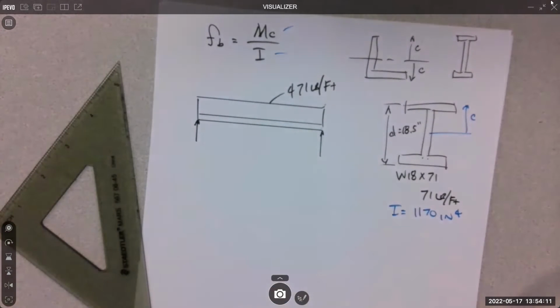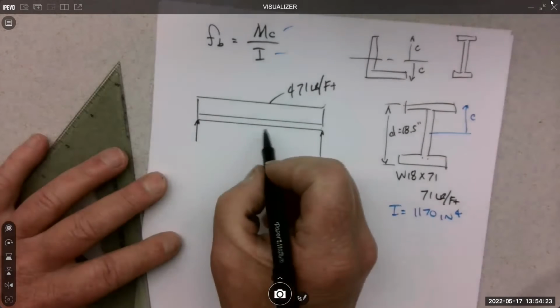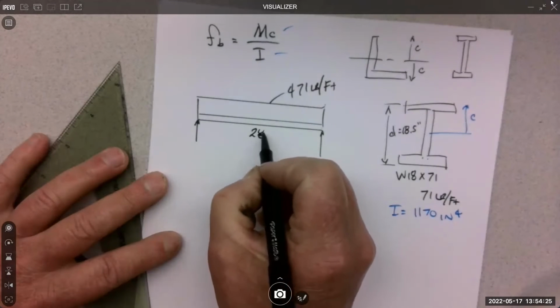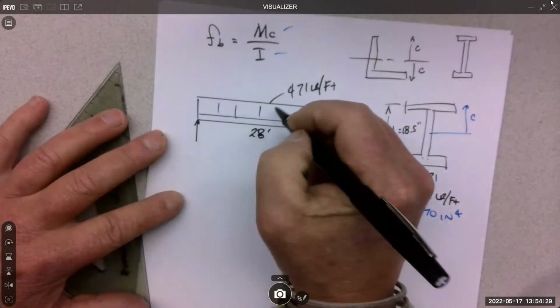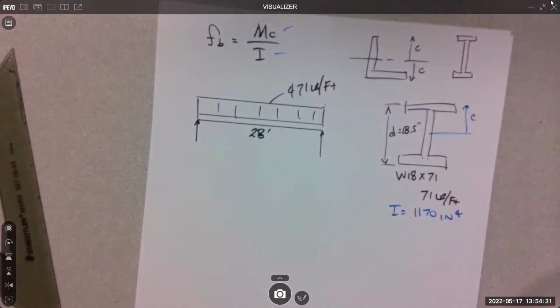This is what, number 3? Just giving you a little bump start on this. 28 feet, holy smokes. 28 feet's a long ways. That's a big span and a big load.